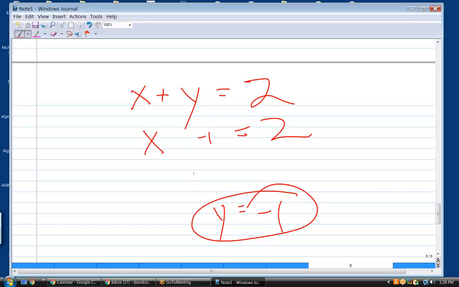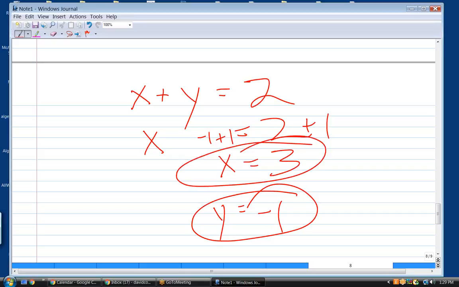If it's dividing, you have to multiply. If it's adding, you have to subtract. So those are your 4 options, really. But the key is to do the opposite of what it is currently doing. So I have to add 1 to both sides, which gives me x equals 3.